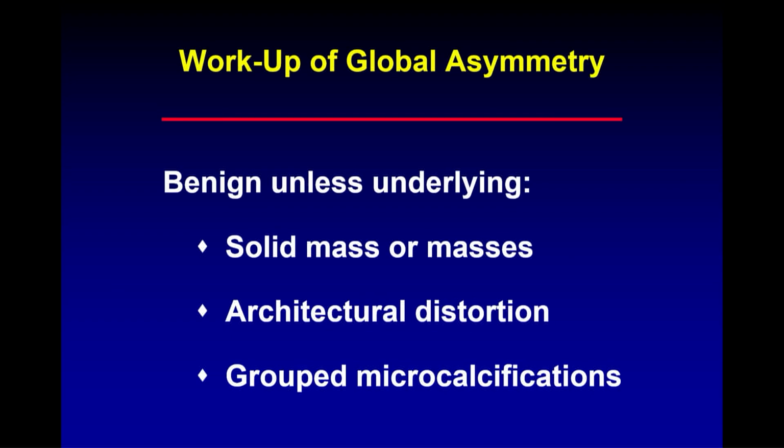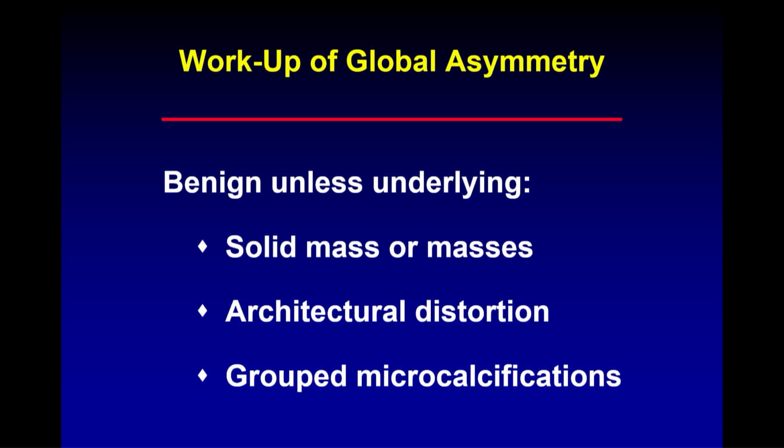A global asymmetry, as we've discussed, is a benign finding, unless there's a palpable correlate. If you are going to recall this woman, what you're looking for is whether there is a mass or masses inside the global asymmetry that is creating the global asymmetry. In other words, you've got an area of dense tissue here on one breast, another smaller area on the other breast.